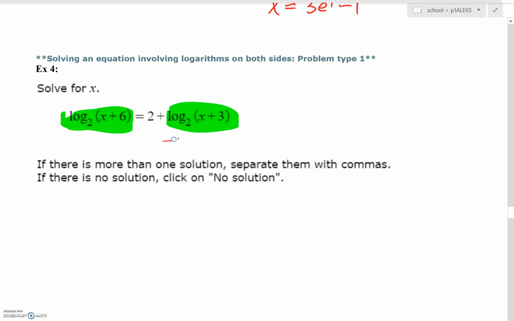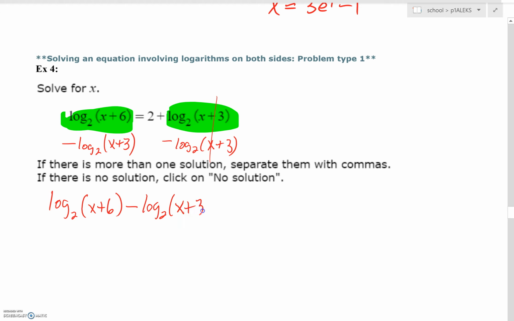Move your logs together. I'm going to subtract a log base 2 of x plus 3 right here. That's going to cancel out. And that's going to leave us with log base 2 of x plus 6 minus log base 2 of x plus 3. And then on the right side, we've got our 2.